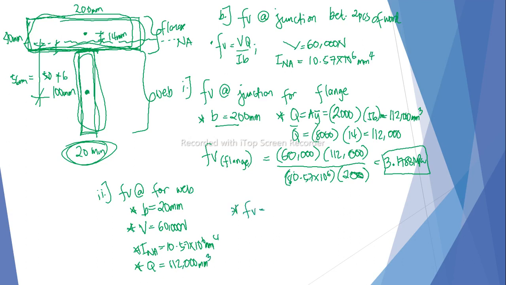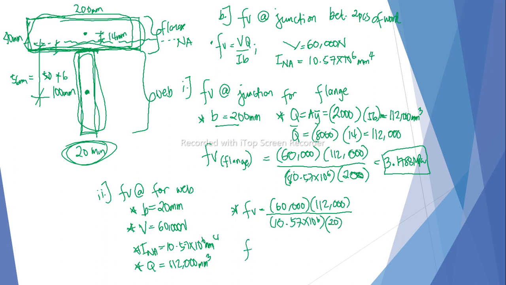The shearing stress is equal to VQ over IB. So that is 60,000 newtons times 112,000 cubic millimeters over 10.57 times 10 to the 6 times 20.